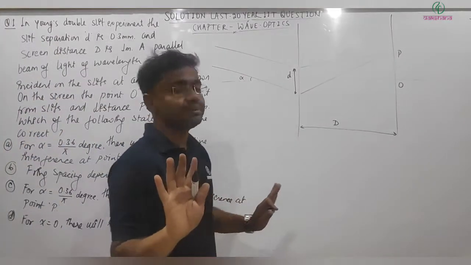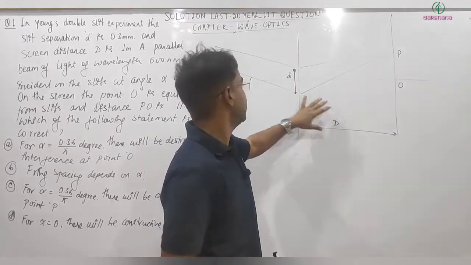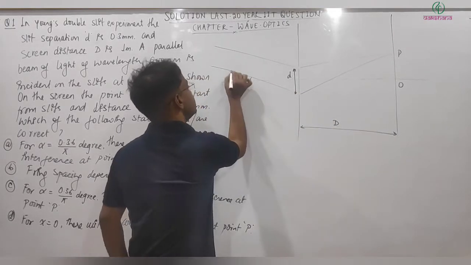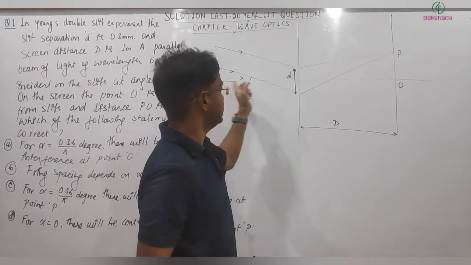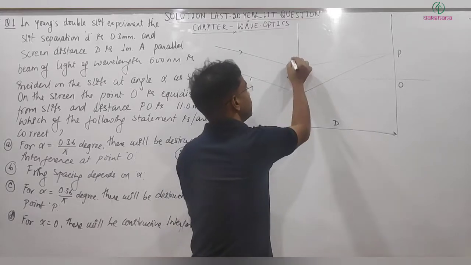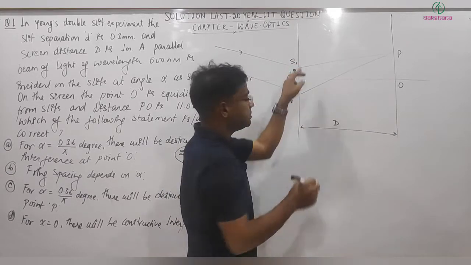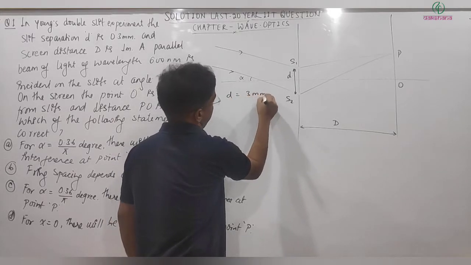The question is simple. We have been given a YDSE setup where a parallel beam is incident at an angle alpha with the axis. The separation between the slits S1 and S2 is small d, which is given as 0.3 mm.